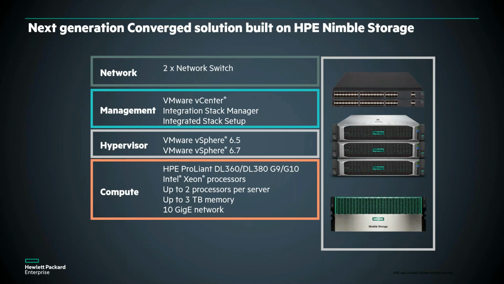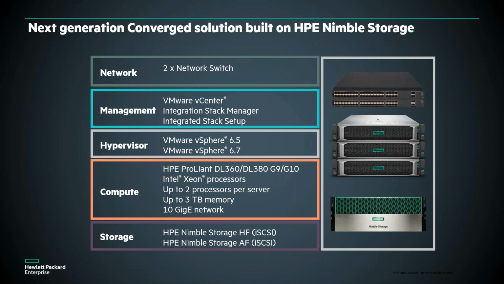In terms of the requirement for those servers, we need Intel Xeon processors. You can have up to 2 processors per server as well, and 3 terabytes of memory. However, in terms of the network connectivity, we require 10 gig.